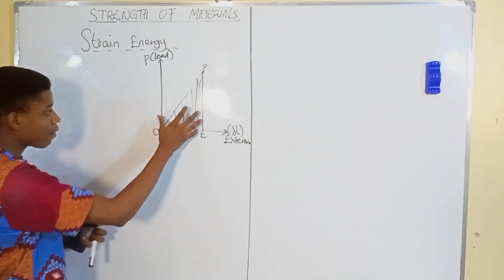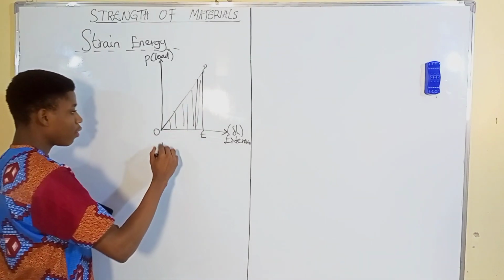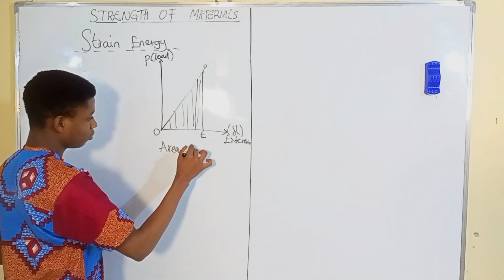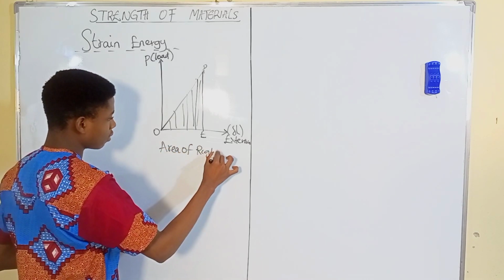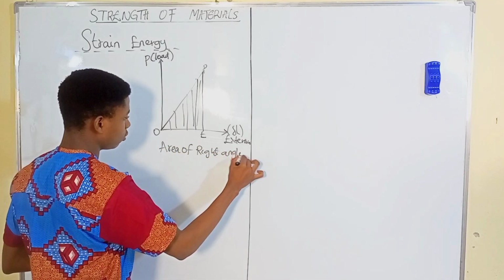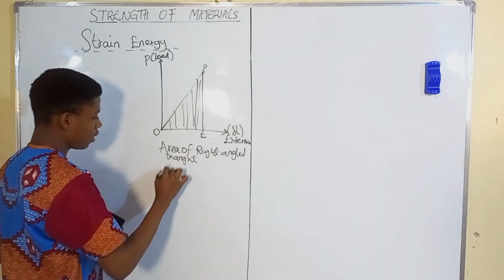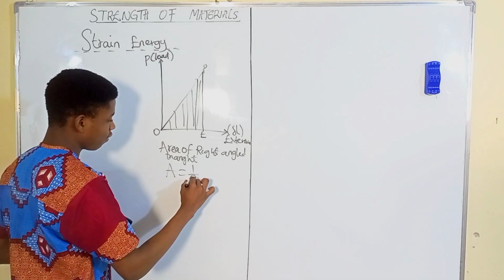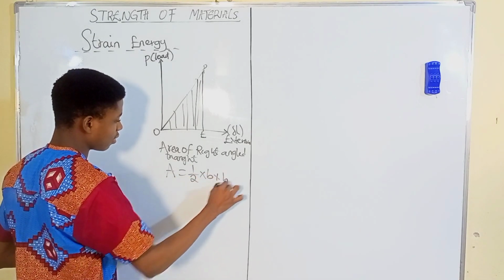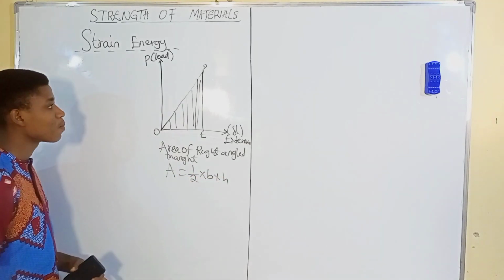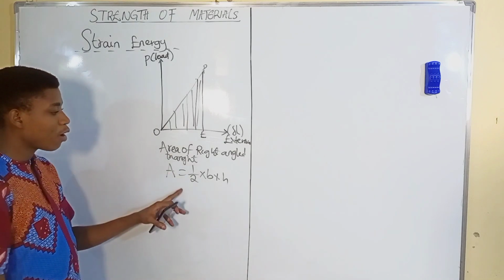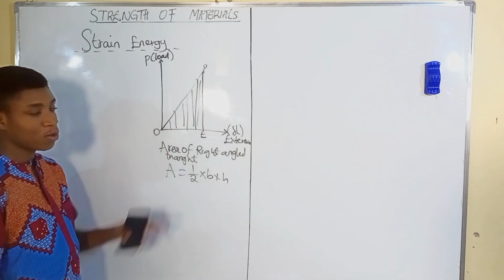We know the area of a right angled triangle. So what is the area? Half base times height. We know that this is the area of this right angle triangle.